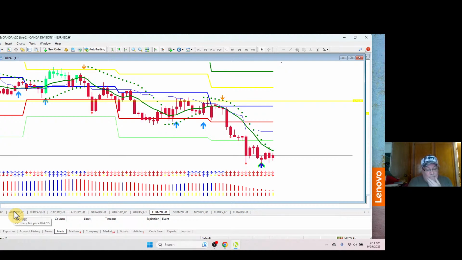So I've got 10 more pips and I get... that could take all day though. See how it's moving? That could take all day to get to that.